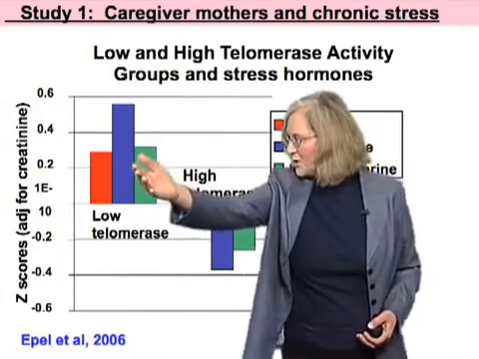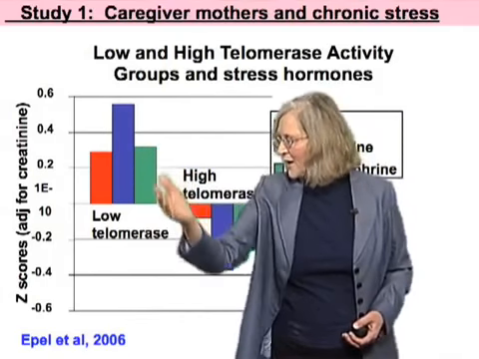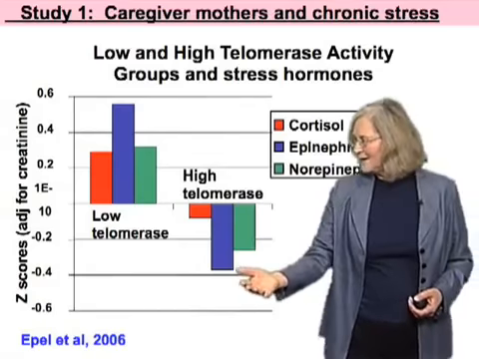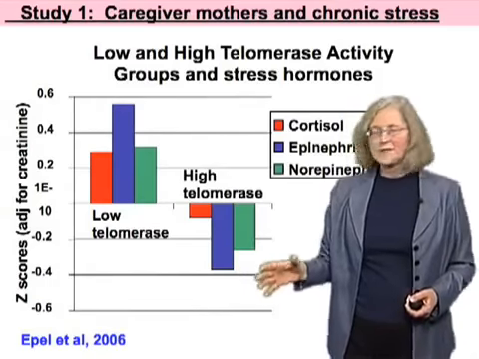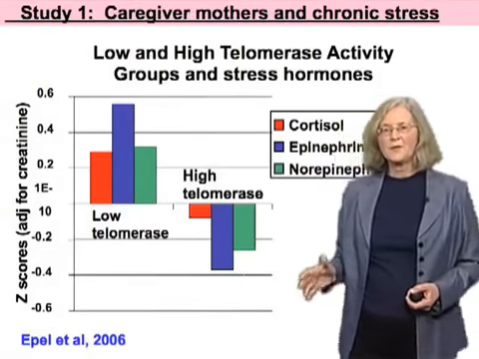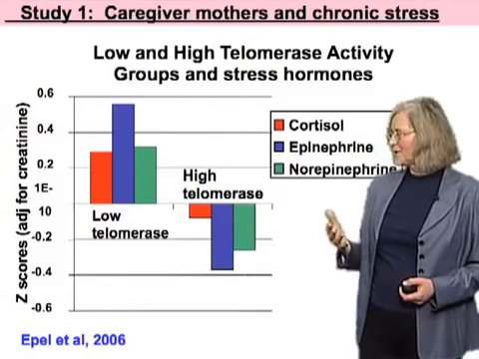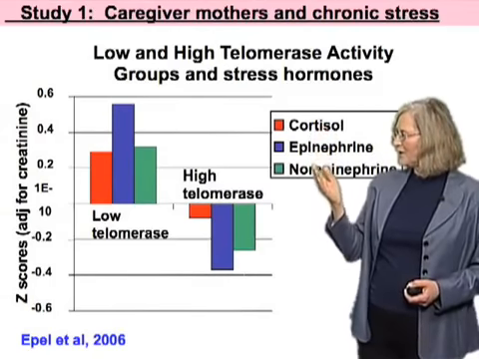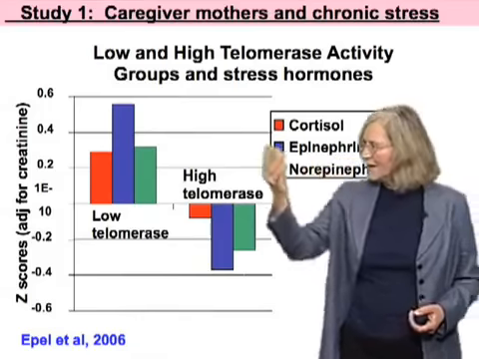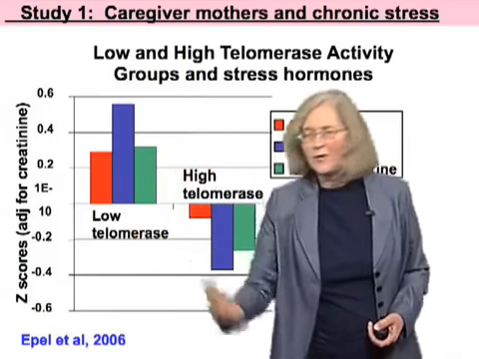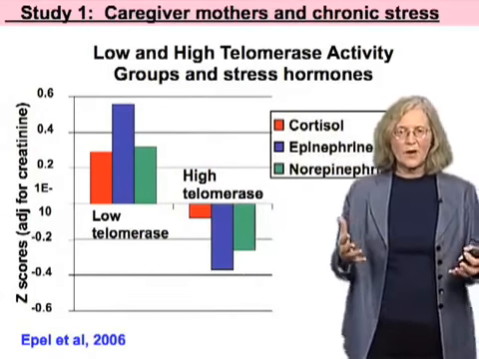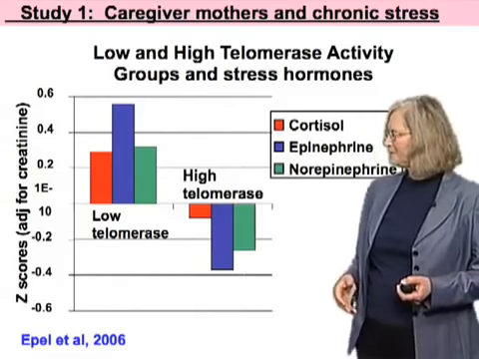In other words, you had worse stress hormones if you had low telomerase than if you had high telomerase. This is not implying causality, but the relationship is there, and so it's going to be very interesting to ask whether these stress hormones indeed cause the lower telomerase that is observed in the white blood cells of these individuals.